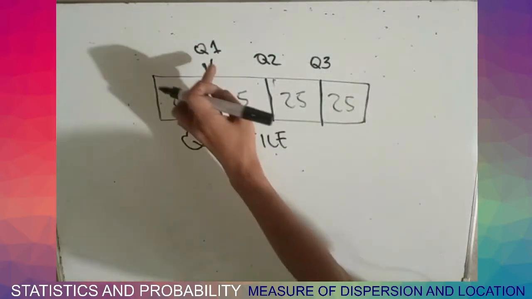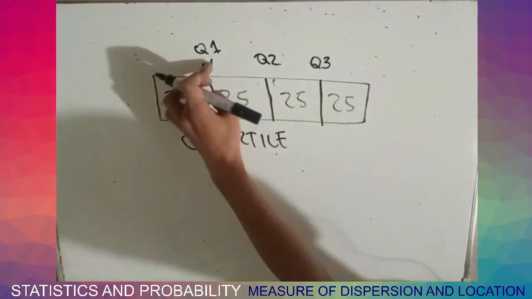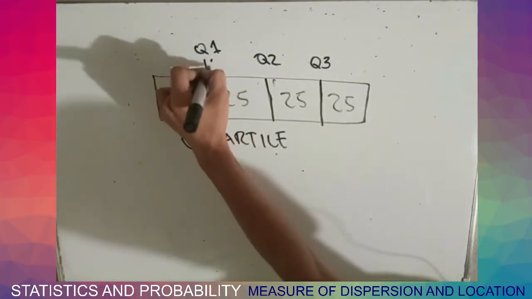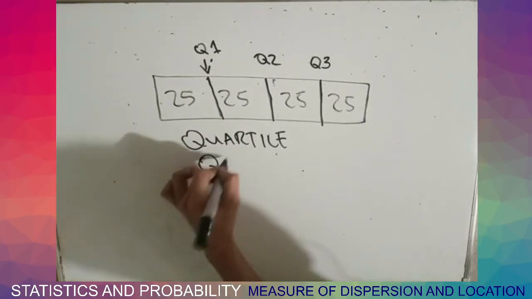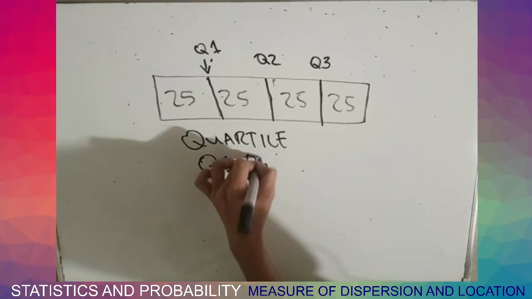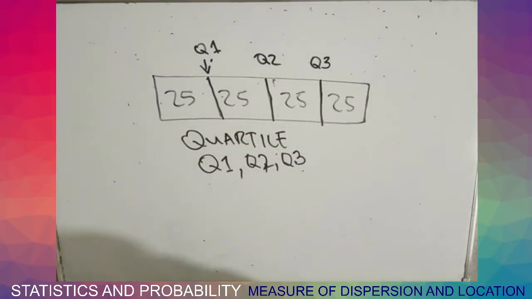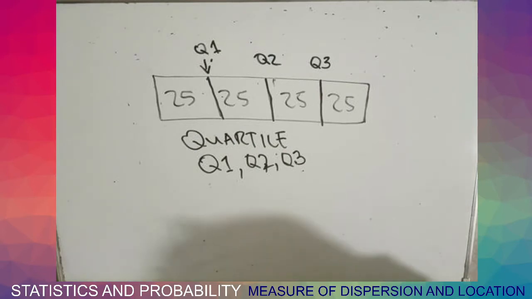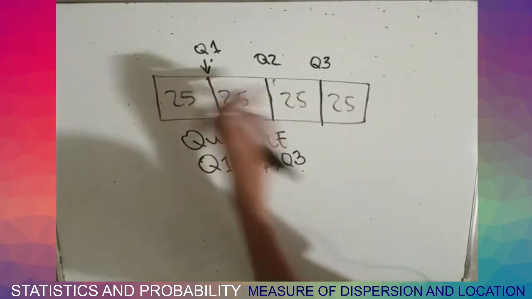Ito yung kinukuha nating quartile location na tinatawag. Ibig sabihin, kapag pinag-uusapan natin si quartile, meron lang tayong Q1, Q2, and Q3. Pero hinati pa rin niya yung data into 4 parts, pero yung cutoff points, 3 lang.